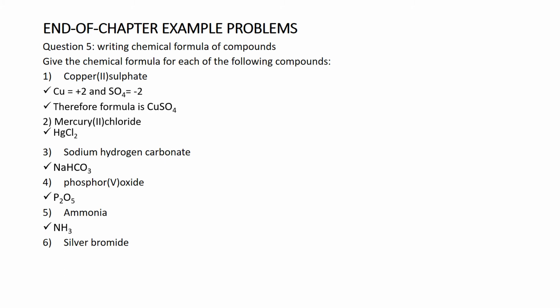Ammonia, you should know that ammonia is NH3. So you should visit your table of compounds. Silver bromide is AgBr, because Ag, silver, has a valency of +1 and bromine has a valency of -1.